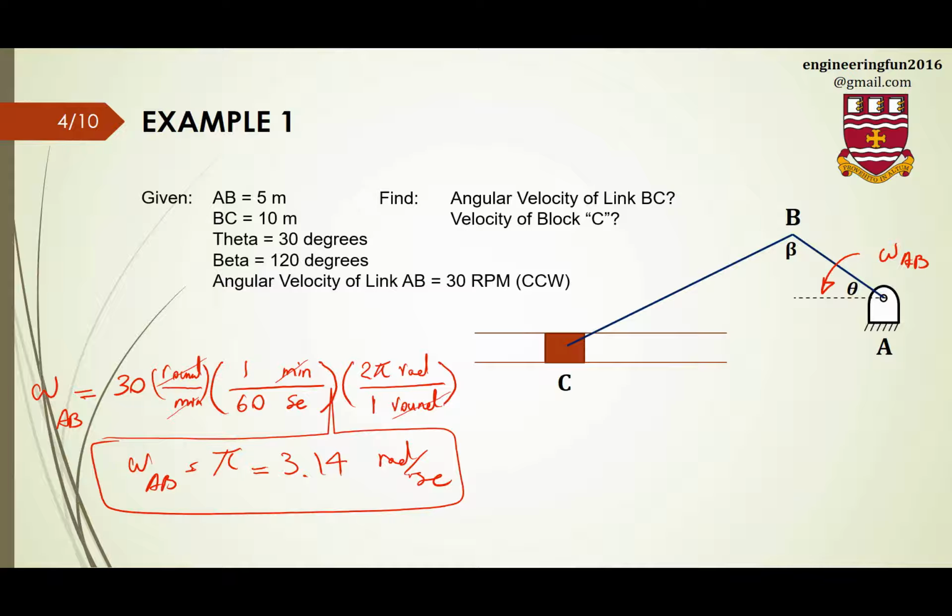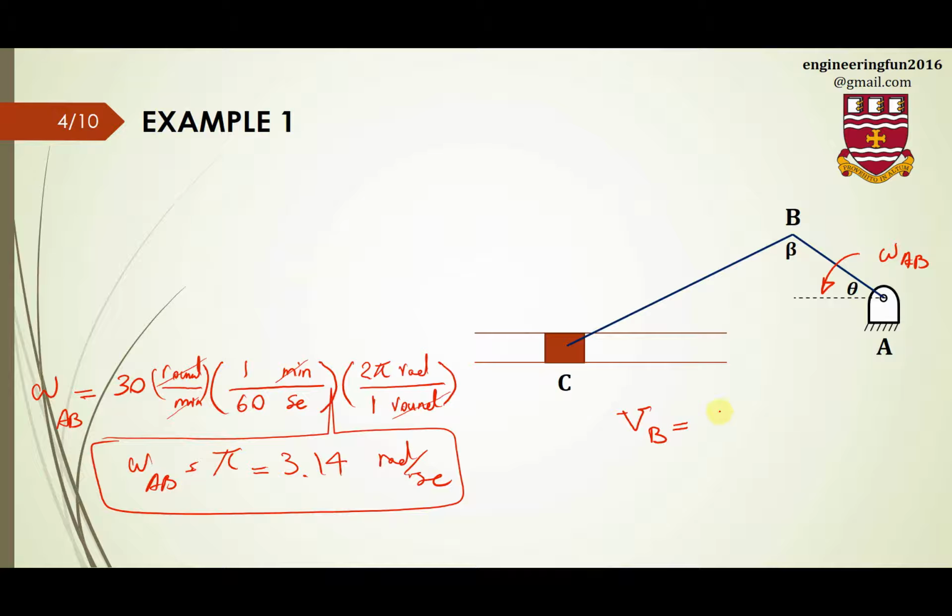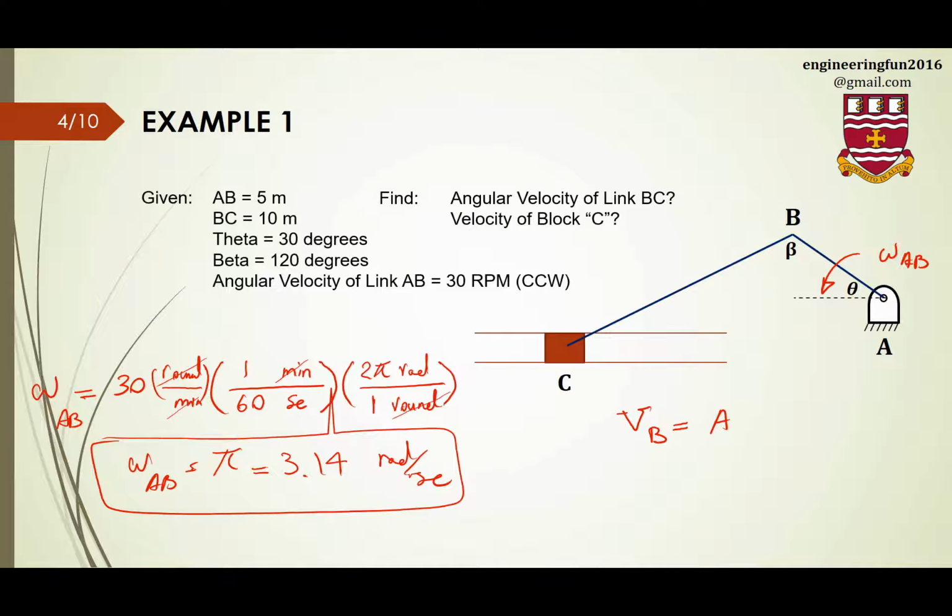Okay. The second thing I'm gonna do is find the velocity of point B. So velocity of point B is like what I said in two slides before. That will be AB times omega AB.